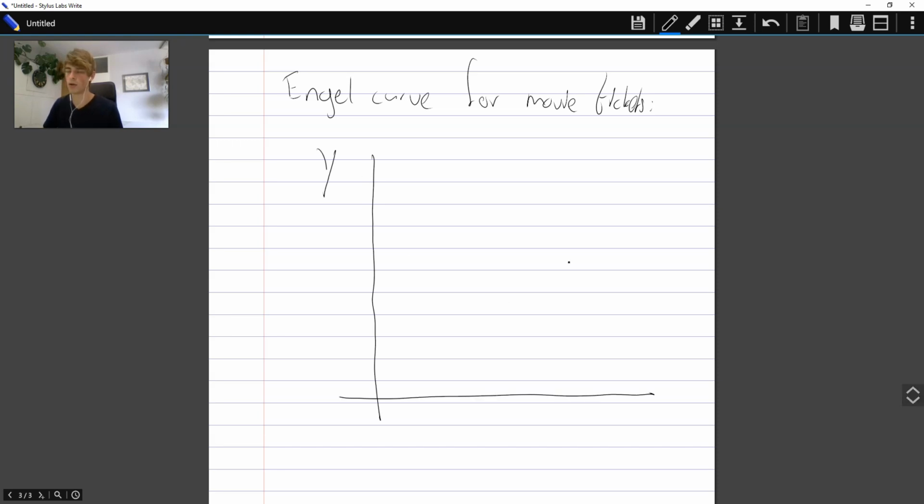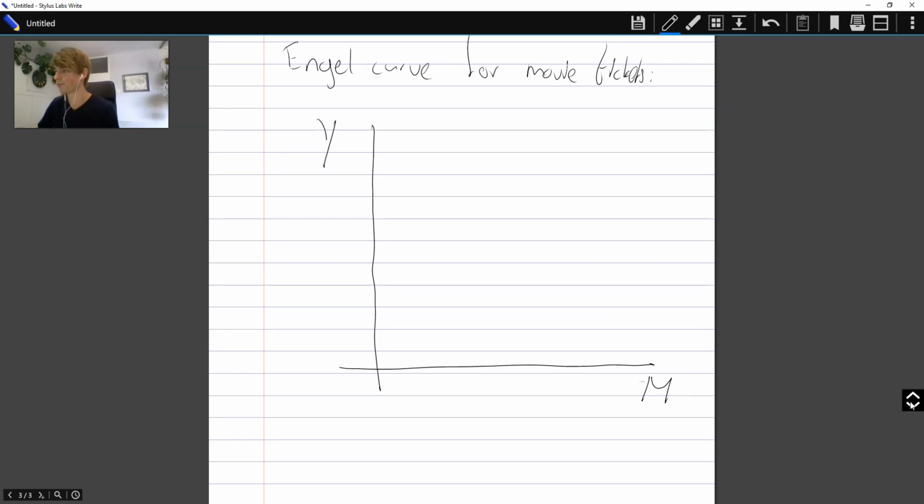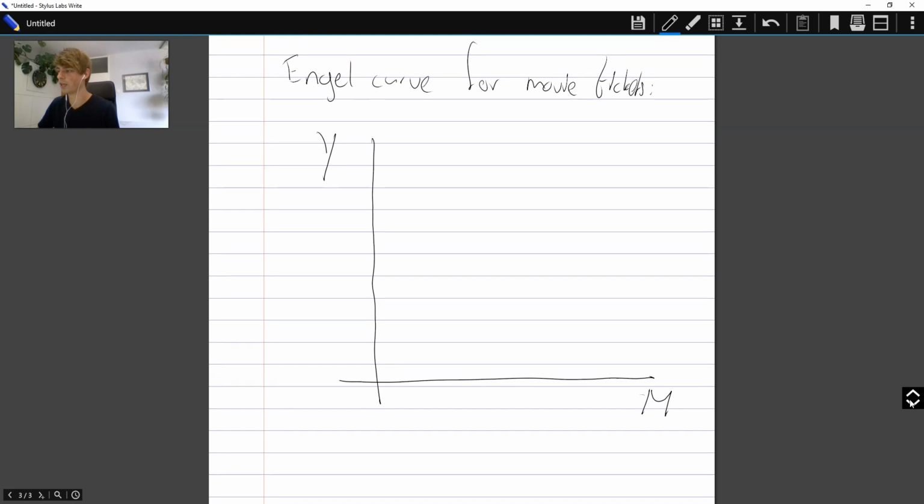You put y, or income, on the y-axis, and in this case movie tickets, m, on the x-axis. And so this curve tells us how many movie tickets we consume as our income increases, or changes, if you will. So how do we figure that one out?